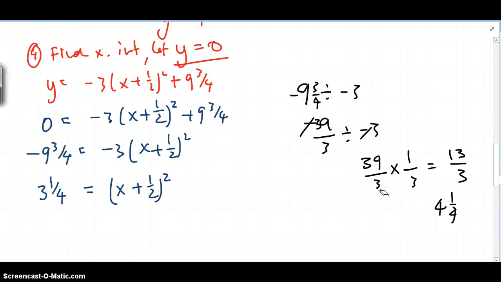That's why I got this one wrong, because this is supposed to be over 4. So this becomes 13 over 4, and 4 goes into 13 3 times, with remainder 1 over the original 4, so 3 and 1/4.